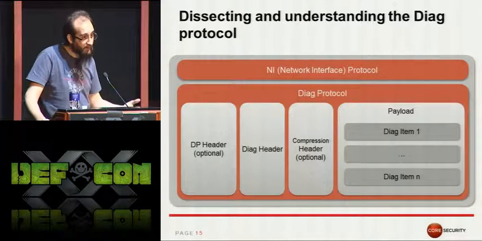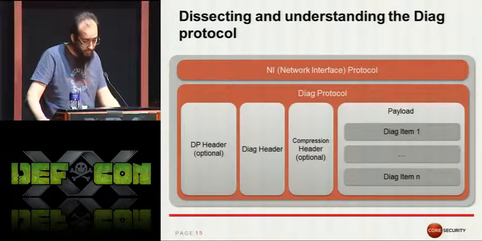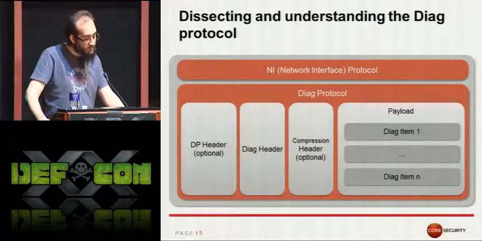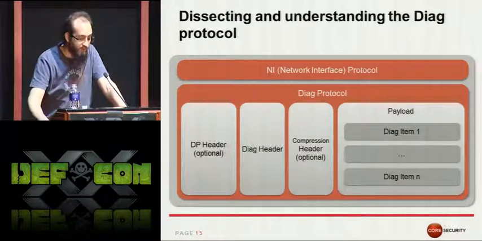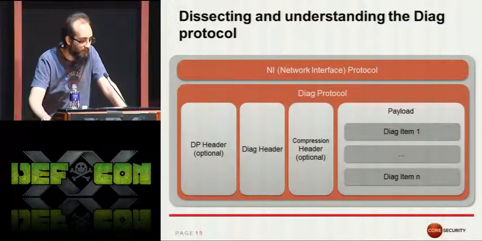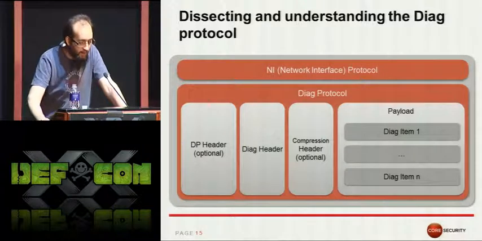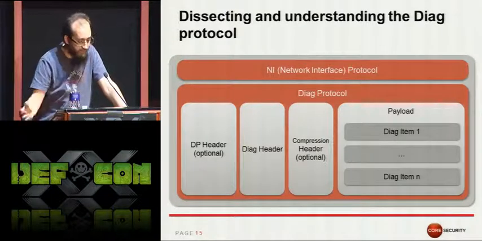Then you have the Diag header, which carries information about the communication. The compression header, which is also optional and only present when the payload is compressed. And the payload itself, which is the part that carries all the relevant information, all the screen data, etc. And it's composed of a variable number of different items.